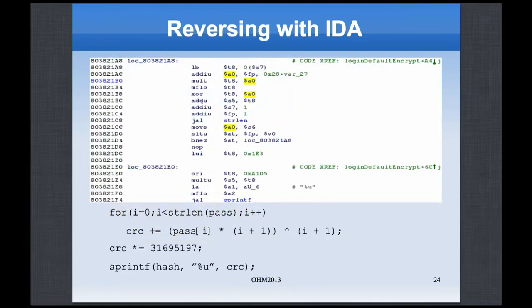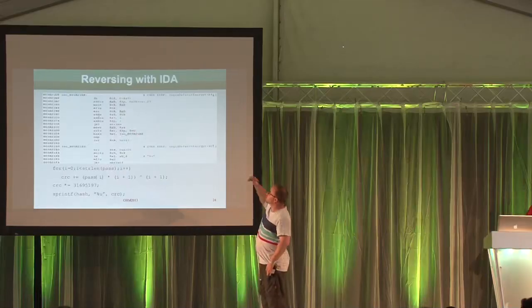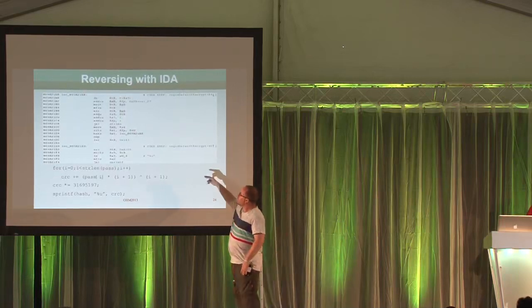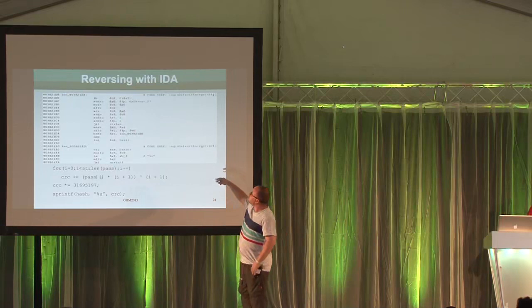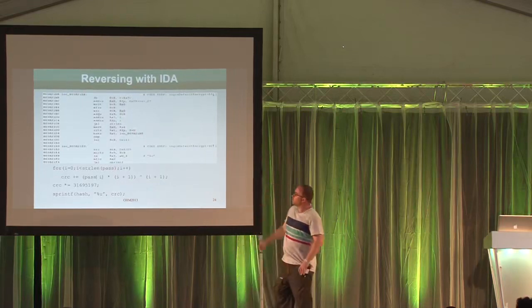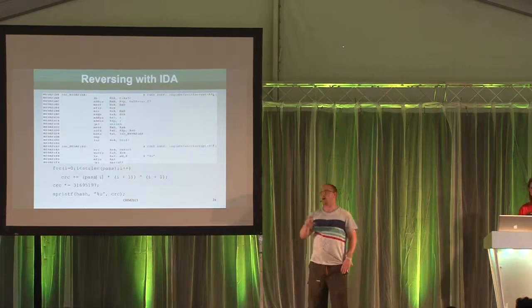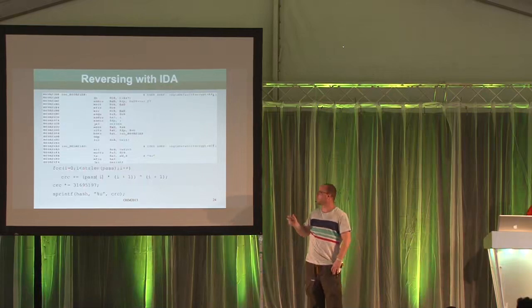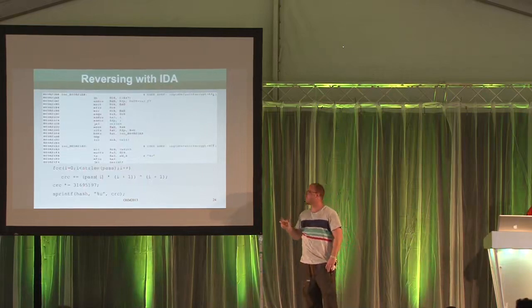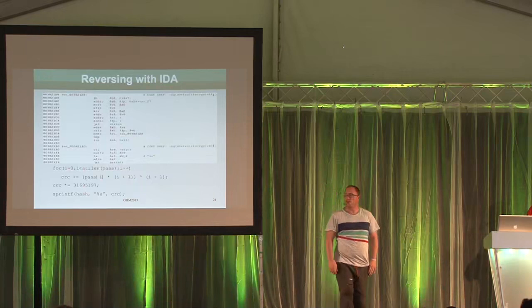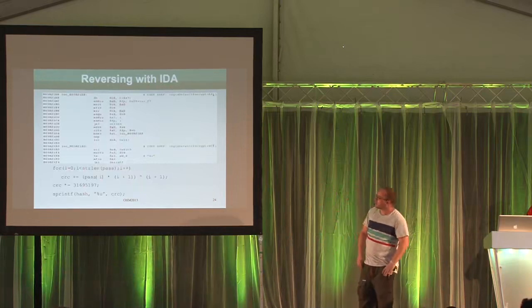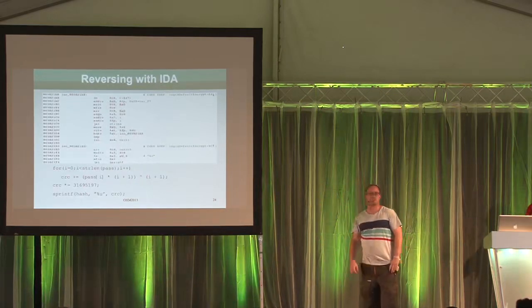We found loginDefaultEncrypt, which is called later in the call graph. After a bit of reversing, we came to a quite simple algorithm. It just computes a simple checksum, adding each character of the password XORed with its position in the string, and then multiplies it by a magic number.